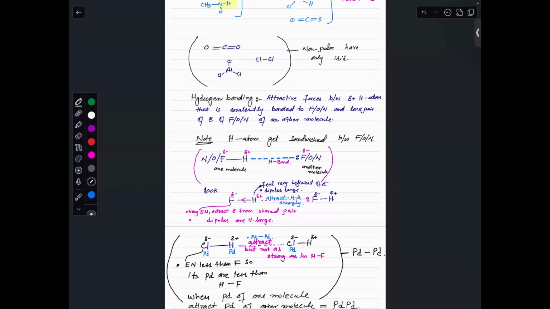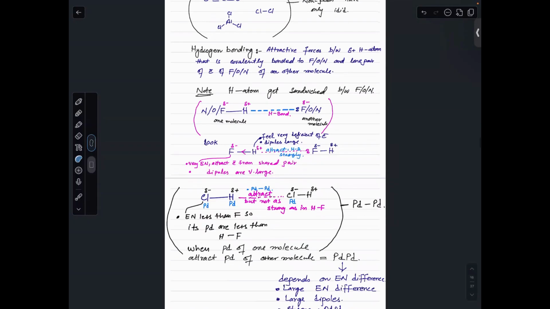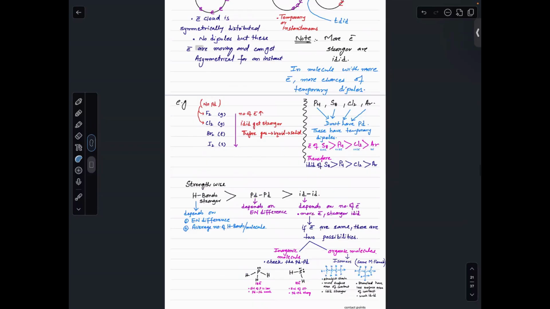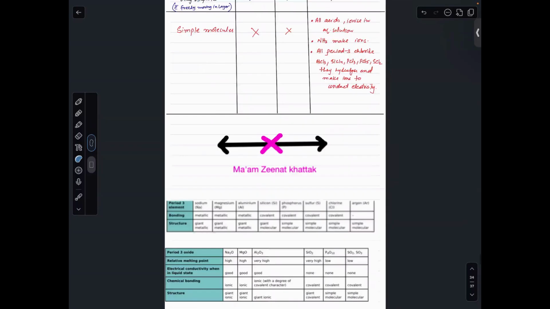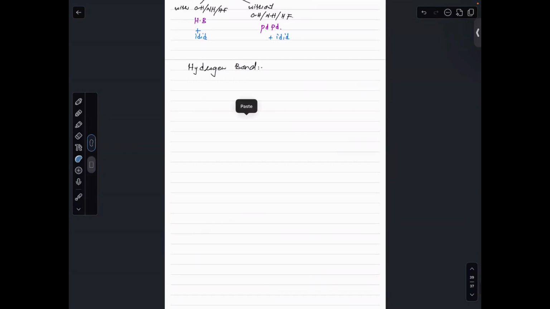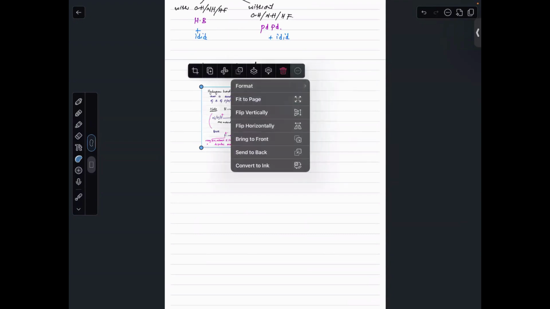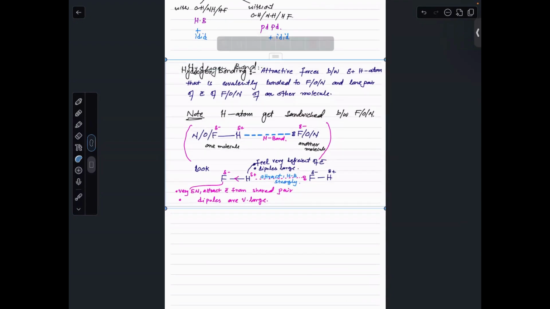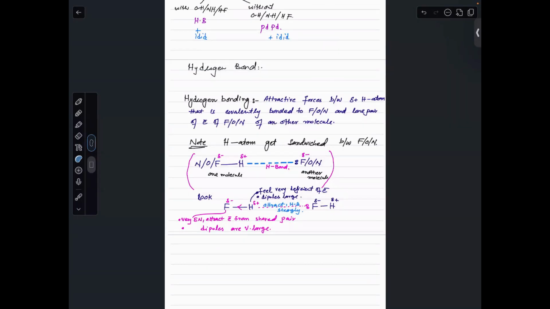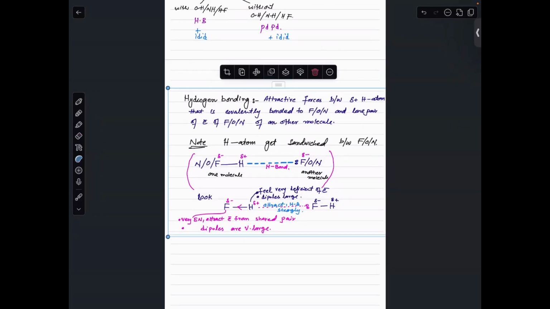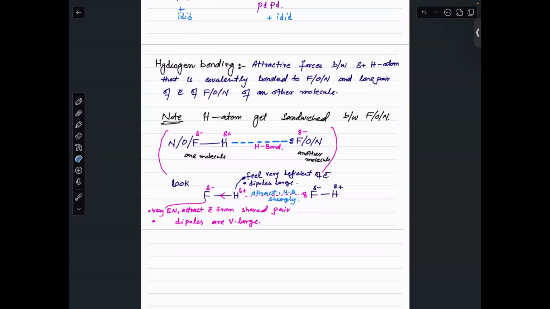See what I've written? I'm just taking this part, not too much. The rest I'm going to explain over here. So, what is hydrogen bond? Listen.